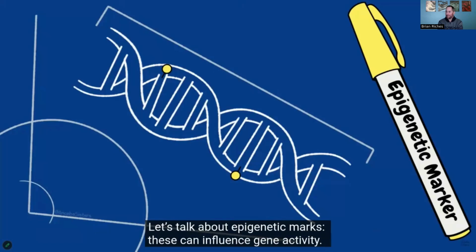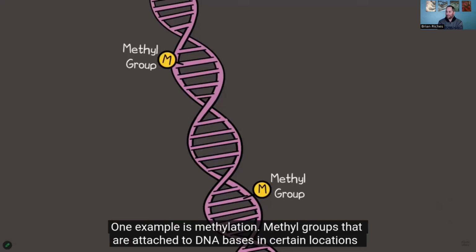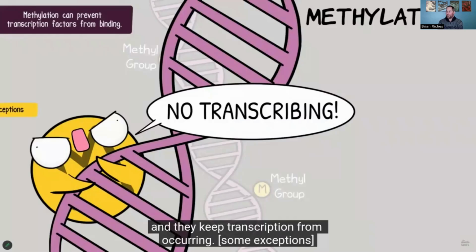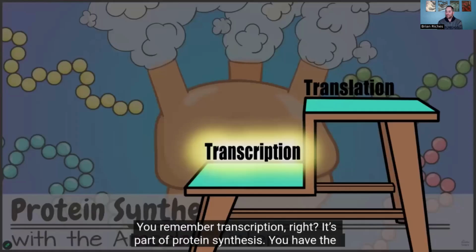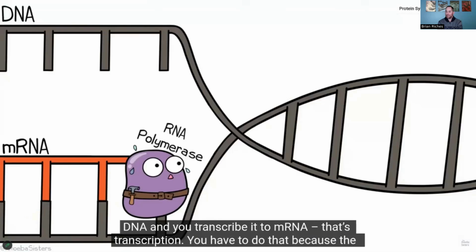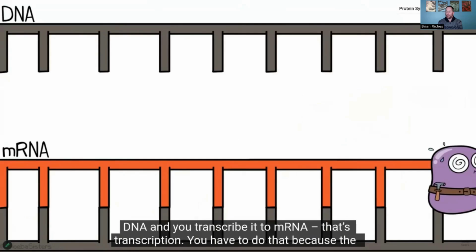Let's talk about epigenetic marks. These can influence gene activity. One example is methylation. Methyl groups are attached to DNA bases in certain locations, and they keep transcription from occurring. You remember transcription, right? It's part of protein synthesis. You have the DNA and you transcribe it to mRNA. That's transcription.